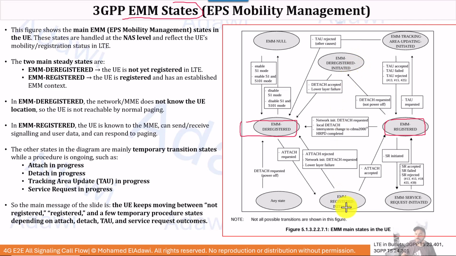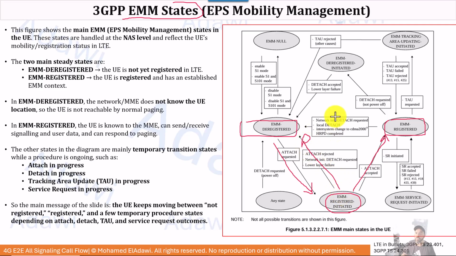For example, this one is called EMM registered initiated. Whenever the attach request is sent, the user is not yet in EMM registered because the attach has not yet been accepted. If the attach is accepted, then the user will be considered EMM registered, while if the attach is rejected, the user is EMM deregistered.